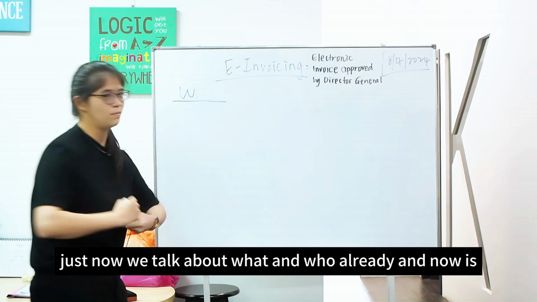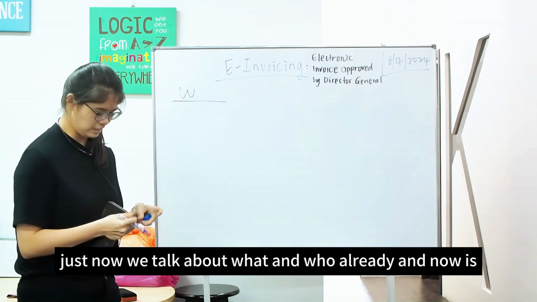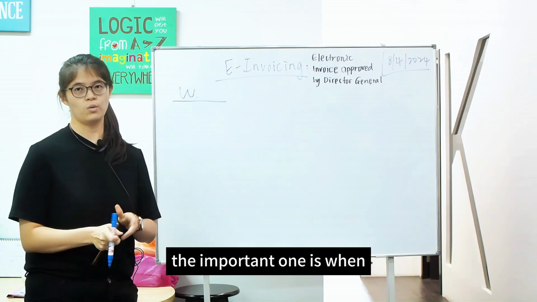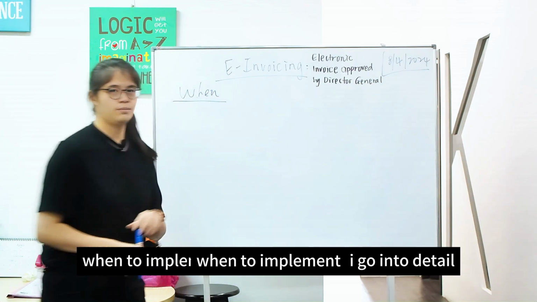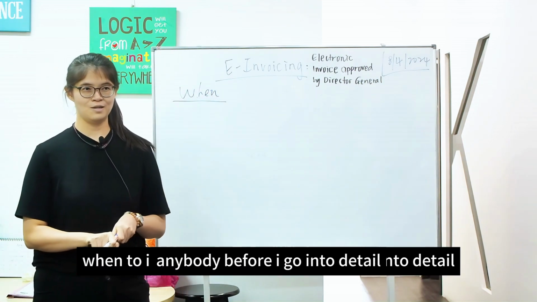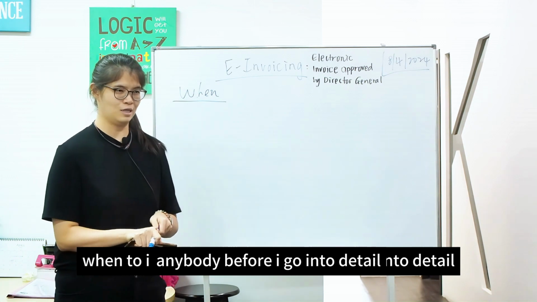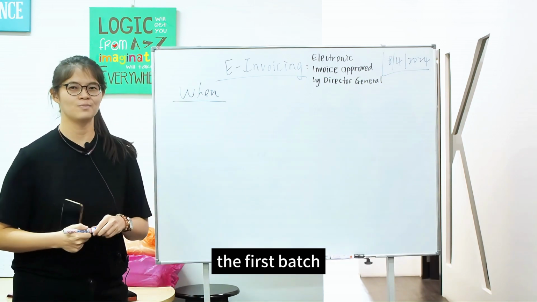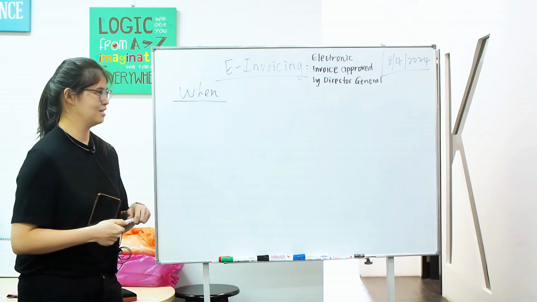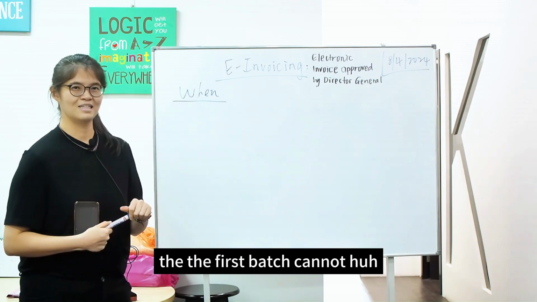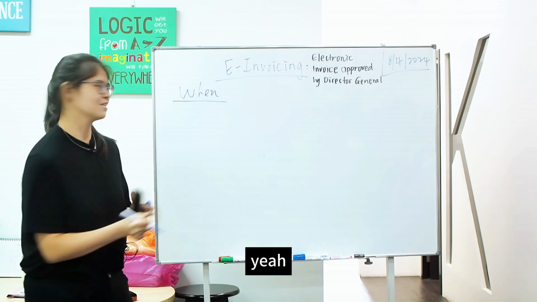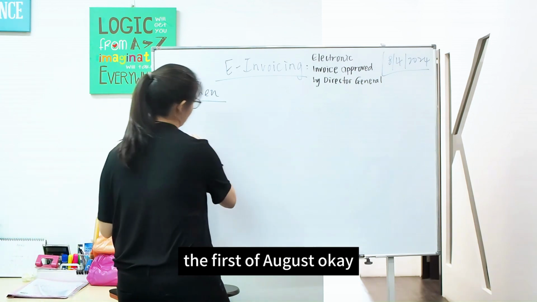Okay, just now we talked about what and who, and now the important one is when. When to implement. Before I go into detail, can anybody answer? The first batch. The 1st of August, yeah, the 1st of August, okay?